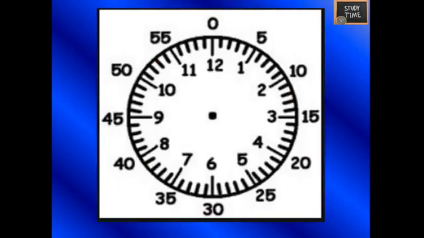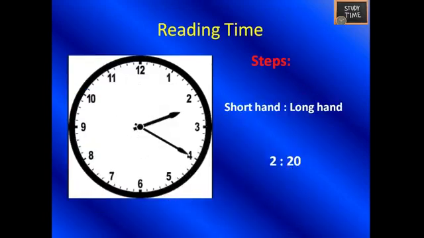See in the next slide, the inner number represents the short hand. The outer number represents the long hand. Can you read the time which is given in this clock? The basic steps you have to follow are short hand, long hand. Already I told you, short hand is easy.